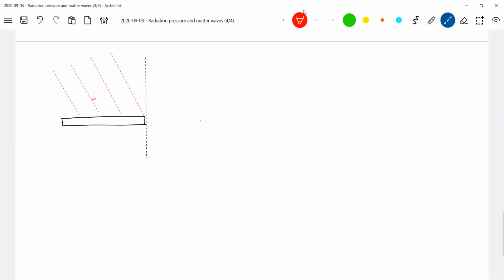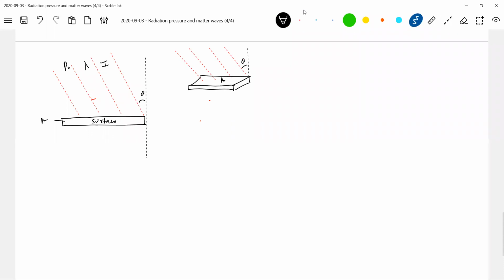Let it make an angle theta with the vertical. This has intensity I, wavelength lambda. If you want, take power P naught. This is the surface. The area of cross section of this surface is A. I'm showing a plane diagram, and the radiation is incident at an angle. There's a plane diagram, there's a 3D diagram. Okay, let's get into it now.